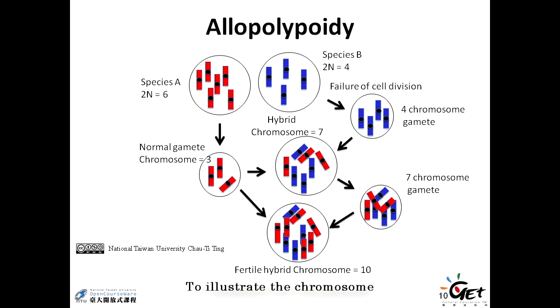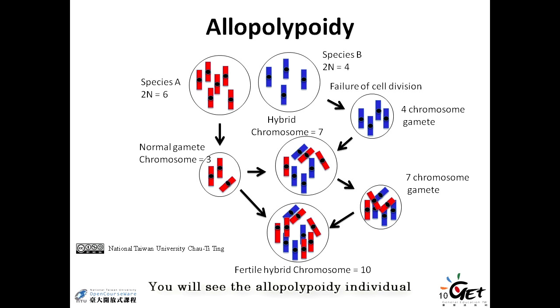To illustrate the chromosomes, we use different colors. One is blue, the other is red. In B species they have 2n equal to 4, and A species 2n equal to 6. And of course, there's meiosis and also fertilization. But at the end, you can see the final product after the whole genome duplication.